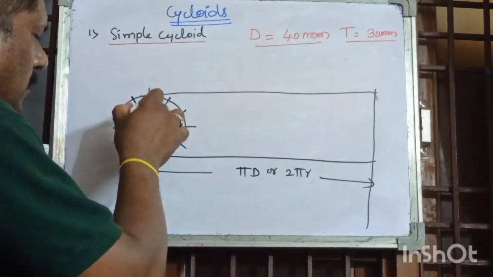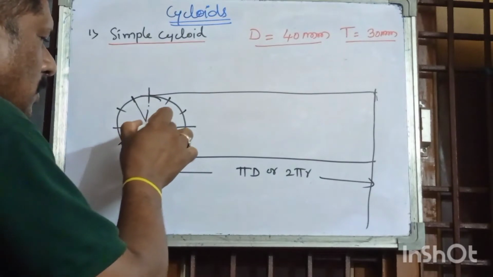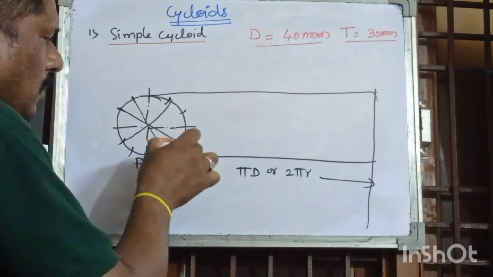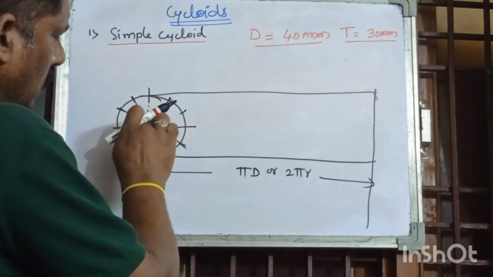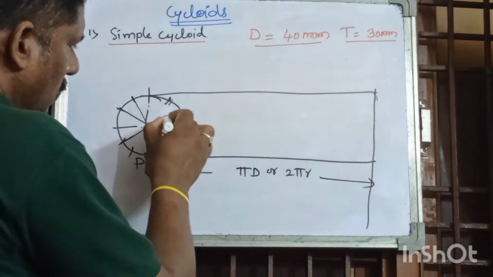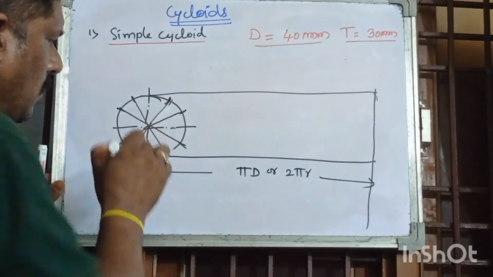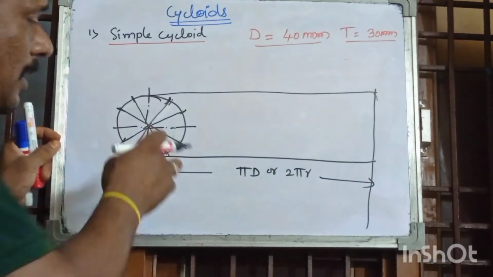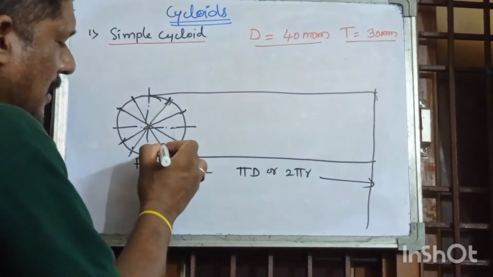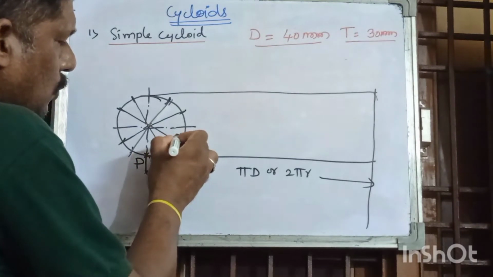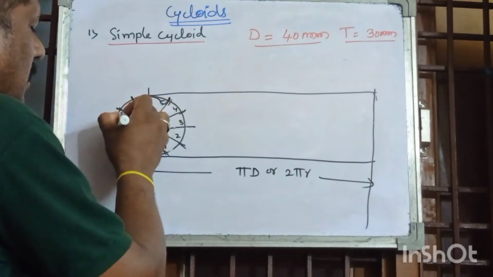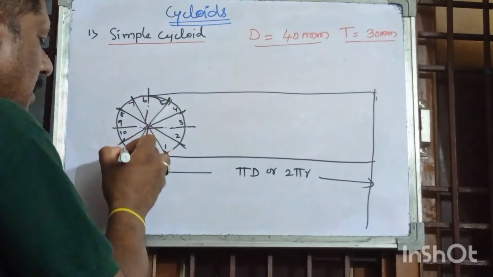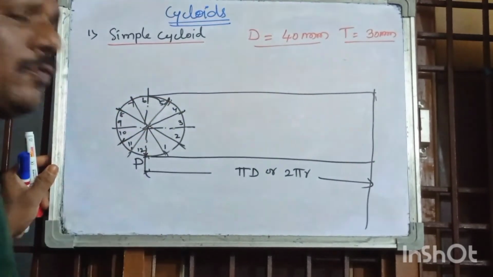Join all the points, and give the numbering in an anti-clockwise direction: 1, 2, 3, 4, 5, 6, 7, 8, 9, 10, 11, and this point is 12.